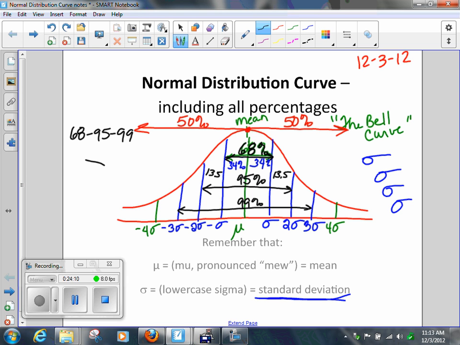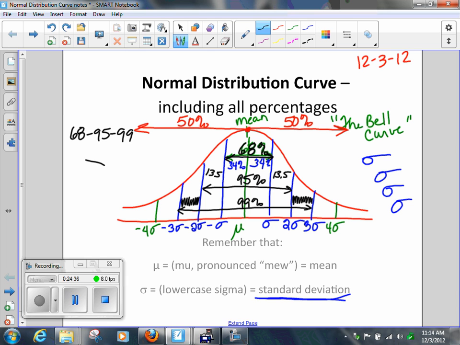13.5. Then what is going to be the little piece right here? What's going to be that little piece? Think about what Anna said. To find 13.5, she took 95 minus 68 and divided it by 2.